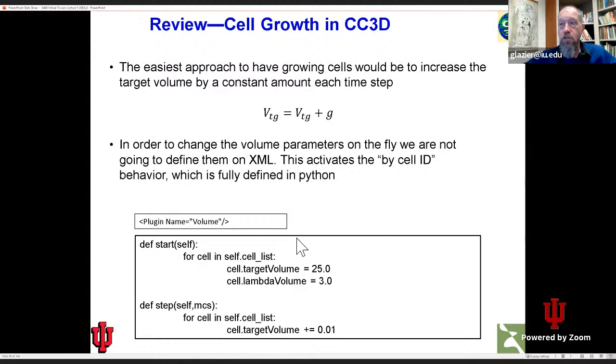To do that, we have to change the volume plug-in to this form that we discussed, just volume, to say that the cell does have a volume. And then we specify the initial volume, the target volume of the cell, and its inverse compressibility. And then here in our step function, we make that cell's target volume go up, at a constant rate per time.